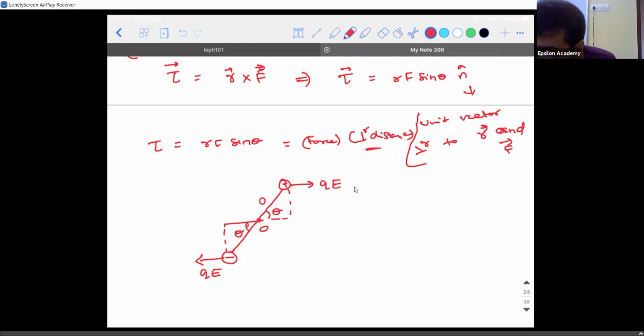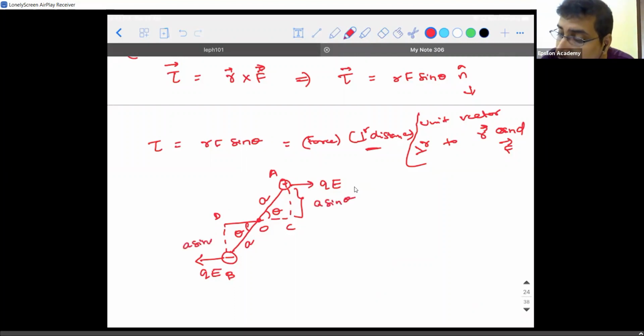If I take this as a, then this is also a. Then how much will this distance be? What is AC? a sin theta. Very good. Similarly, BD is also a sin theta.